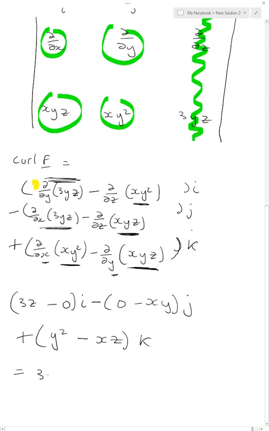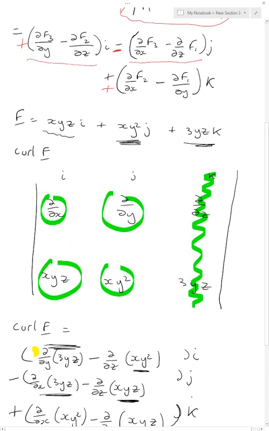So I have 3z i minus minus, which is a plus xy j, and then finally y squared minus xz k. And that's the curl of f, where f is of course this particular vector here.